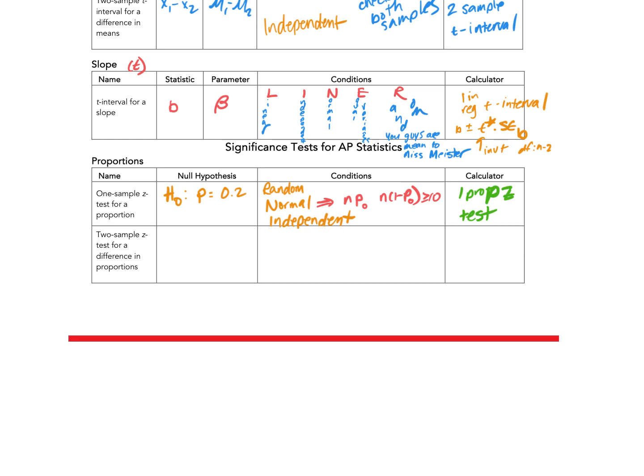Now, something that happens every time, so I'm going to point it out real quick, okay? The name that you're going to write down on your paper or on your exam is the one sample z-test for p, okay? But when you open up that test menu in your calculator, there is a one sample z-test and then there's a one prop z-test. That is because even though we don't really cover it in this course, there is a one sample z-test for the mean if you know the population standard deviation.